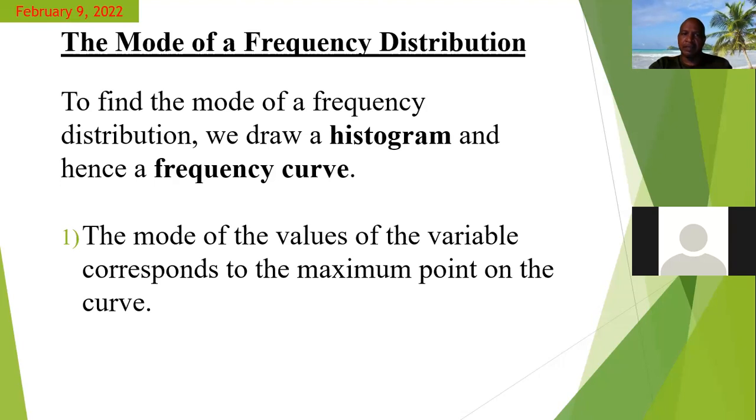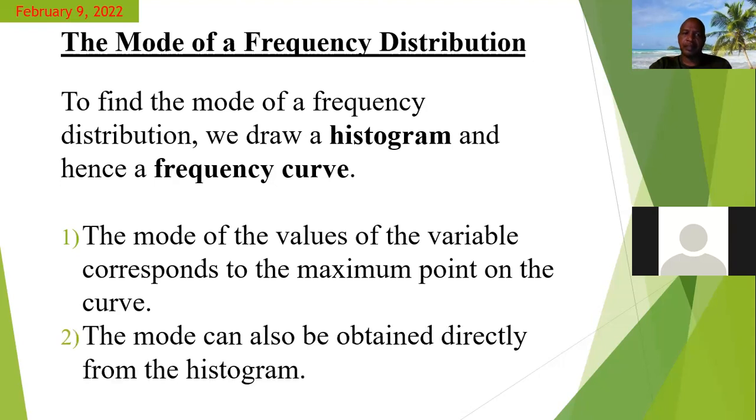And note that I say corresponding to because the mode is not at the peak, but the mode corresponds to the peak. Remember now, the mode is found on the x-axis, not at the peak. But where the peak lines up with the x-axis, then that peak corresponds to where the mode would be located.